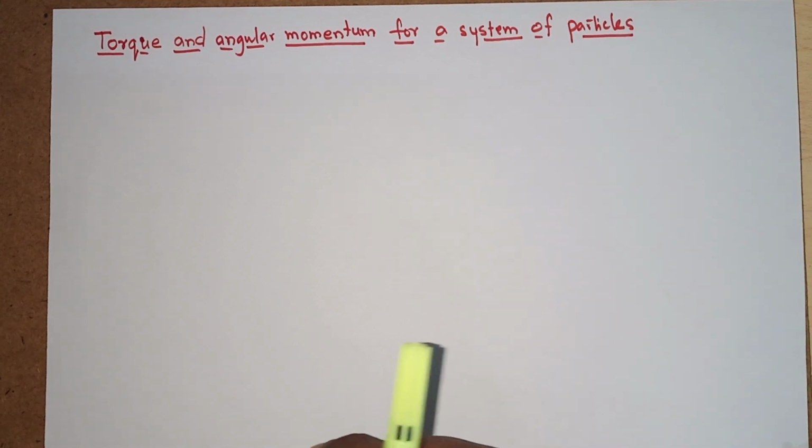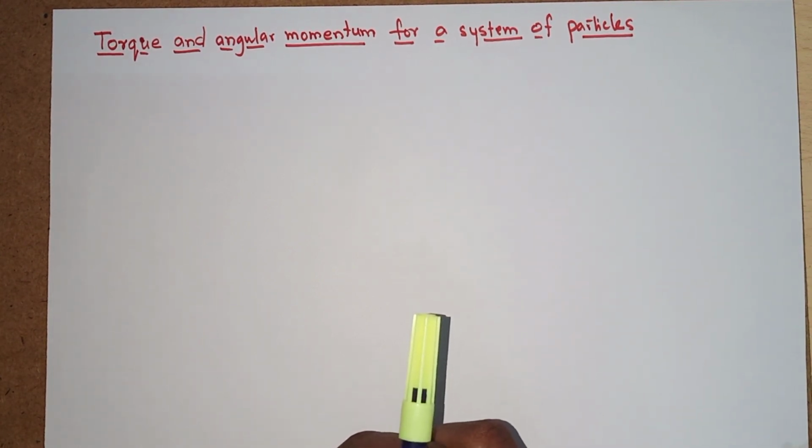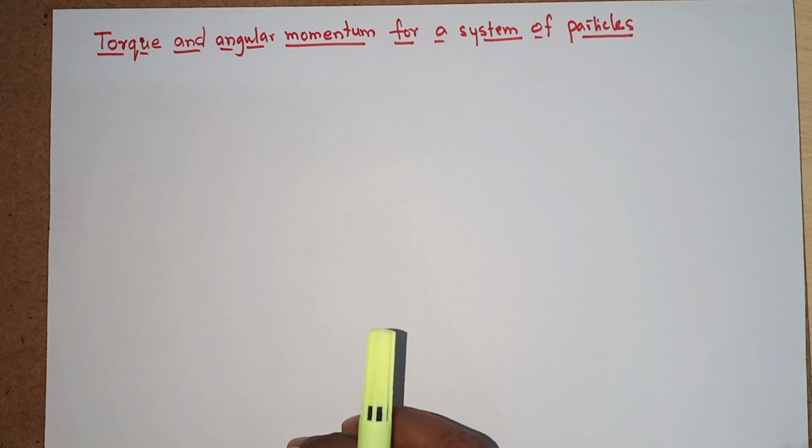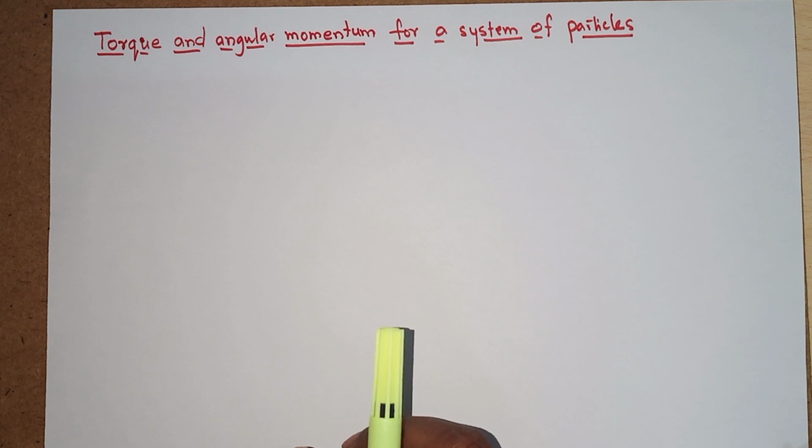Here the angular momentum and torque for a system of particles. Generally we have considered only one particle. In case many particles are considered, we will add vectorially the angular momenta of the individual particles.